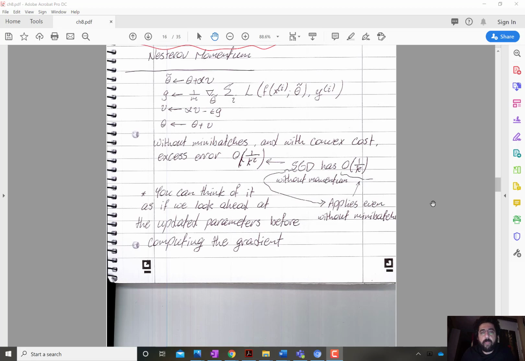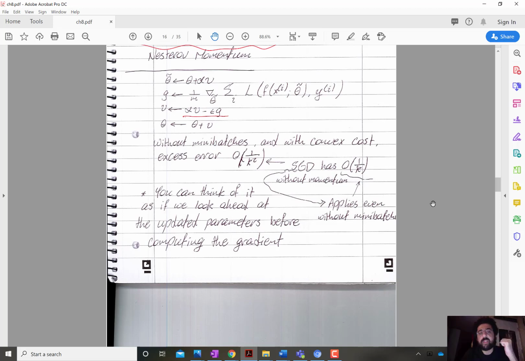So the idea behind Nesterov momentum is very simple, right? The idea behind momentum is that I use this update: alpha v minus epsilon g, where v is an accumulation of past gradients. So v is basically, every time I multiply by alpha, an exponentially decaying moving average of past gradients.